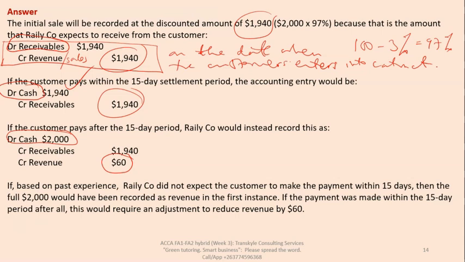So if, based on past experience, Railco did not expect the customer to make the payment within 15 days, then the full 2,000 would have been recorded as revenue in the first instance.